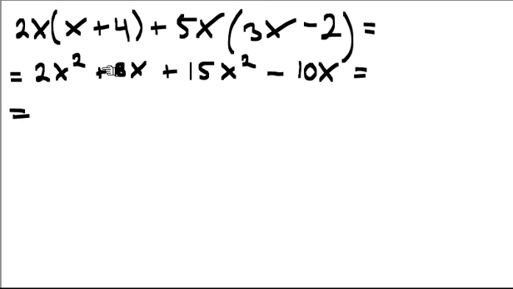Now let's simplify this. Let's find the like terms. We have x2's here, we have x2's here. Here we have x, and here we have x. So let's put all the x2's together. We have 2 x2's and 15 x2's, and that's 17 x2's.